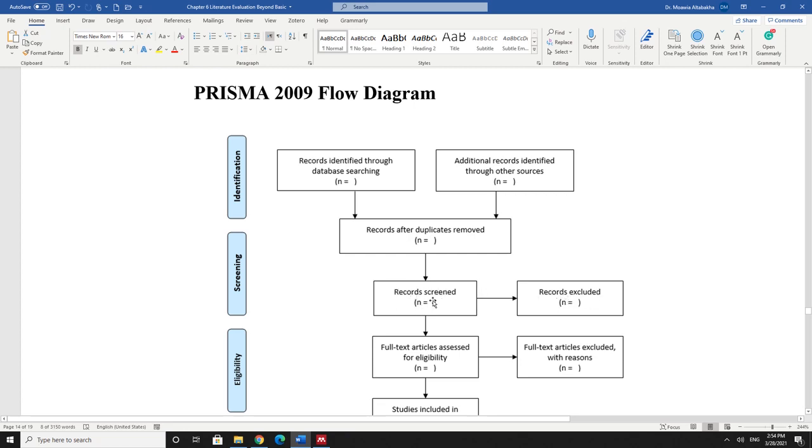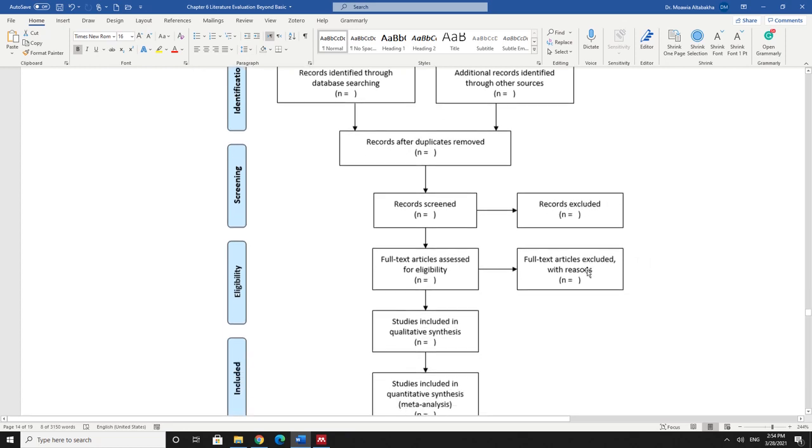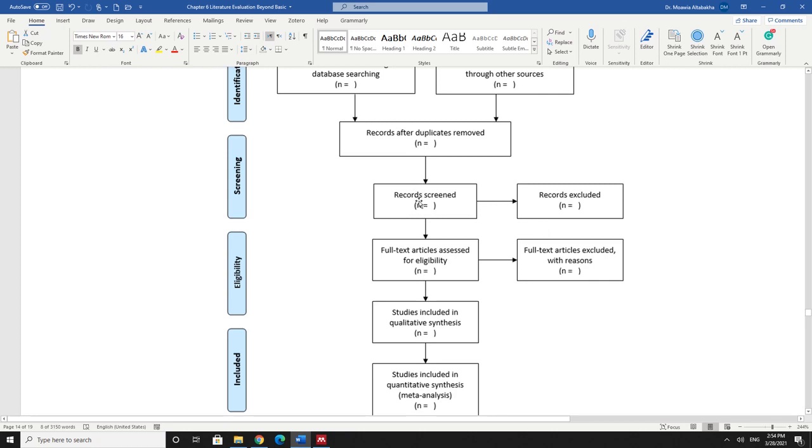According to the methods you are going to exclude some articles because they don't meet the inclusion or exclusion criteria. So you will end up with a certain number of articles. Now you need to read the full articles, completely, to see whether they are eligible or not.